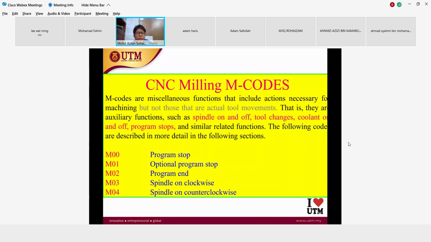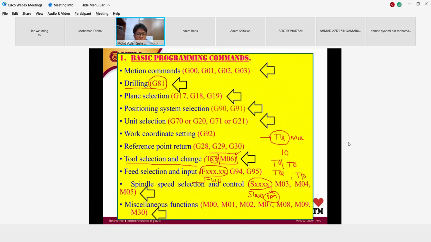And the other M codes, the proprietary codes other than tooling moves. We have M00 program stop and program end. The spindle is the device that holds the tool. You ask the machine whether to rotate clockwise or counterclockwise, and use only one, either M03 or M04. For spindle speed selection, S1000, choose M03, M04 or M05.